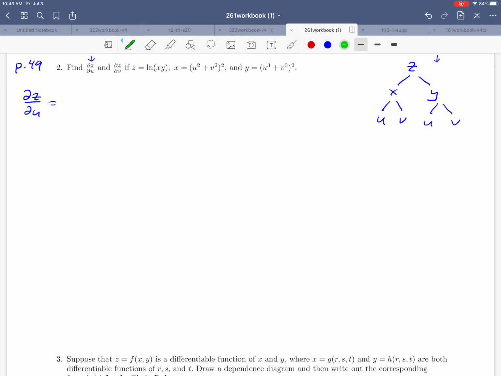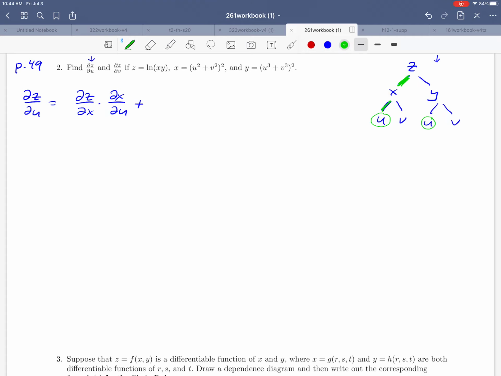We could start by noticing that there are two places where a u occurs. The first path goes from z through x and then to u. The first step in that path is z to x, so that's partial z partial x. And then the next step is x to u, that's partial x partial u. That takes care of this path.